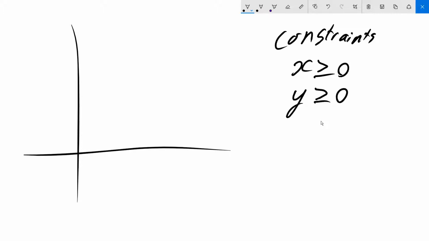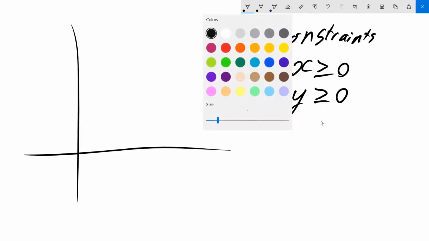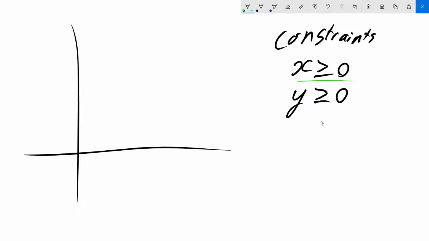So we make sure that x is greater than or equal to 0 and y is greater than or equal to 0. So if we were to sketch this on our graph, get a slightly different color, underline them, it would be here, like so.